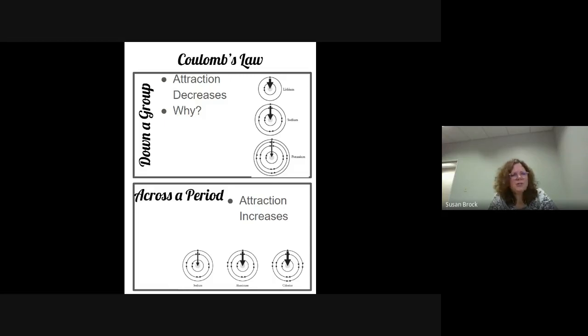I just threw a whole bunch of sciencey words out there, didn't I? But you know what electrostatic attraction is. It's the positive and negative charges. You know that because opposites attract, right?